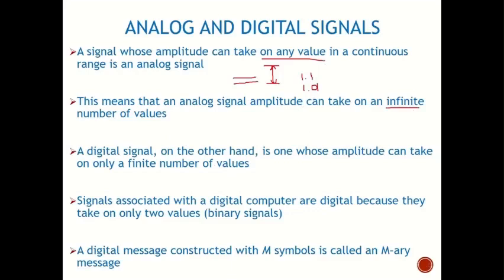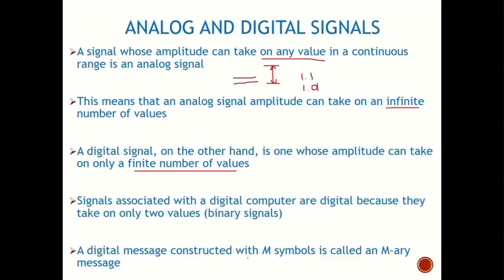A digital signal, on the other hand, can take up only a finite number of values, not just two, a finite number of values. Signals that are associated with, let's say, computers are digital because they generally take on two values. It's either +5 or -5, depending upon the system that we are using.